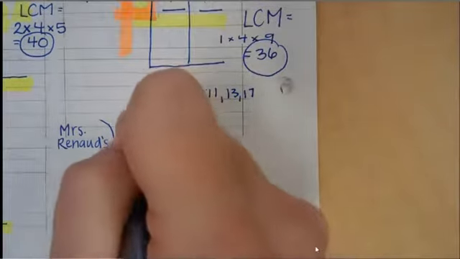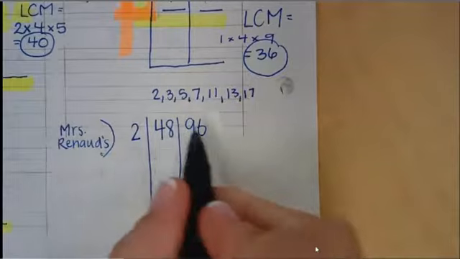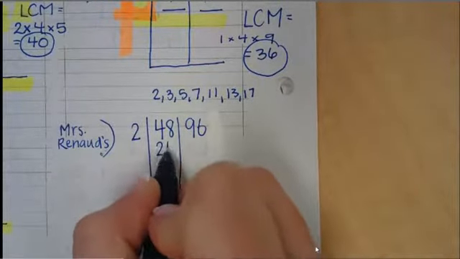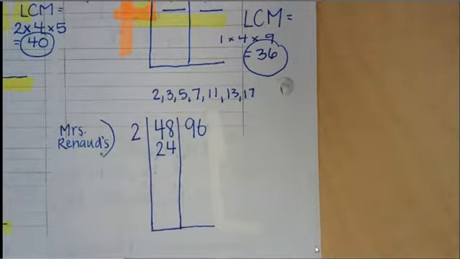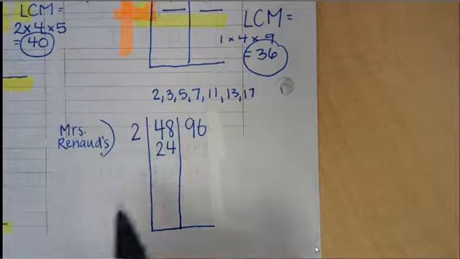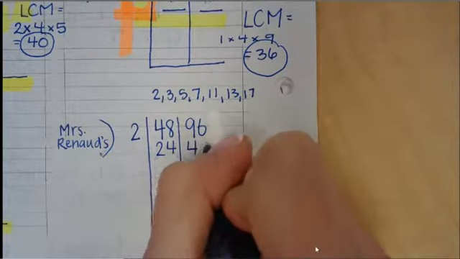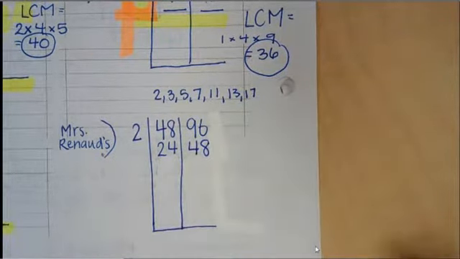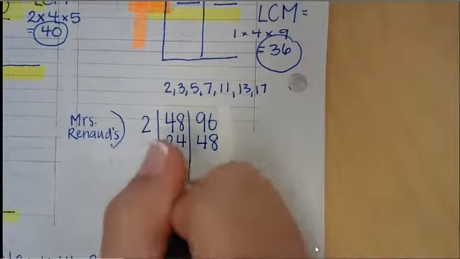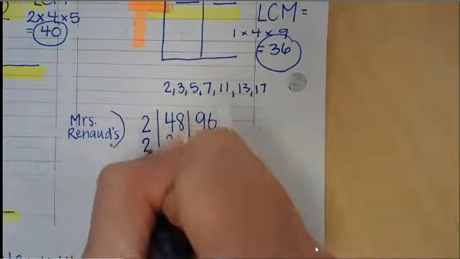So 48 divided by 2 is 24. 96 divided by 2 is 48. You can do it on your calculator if you needed to. Both of these are even. They both divide by 2. Keep going.